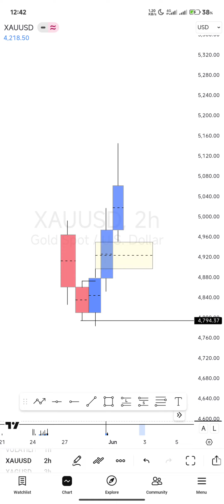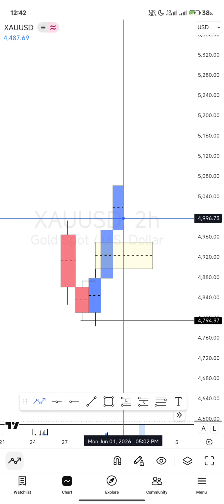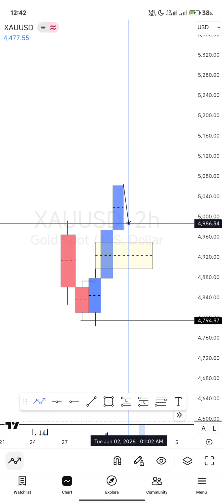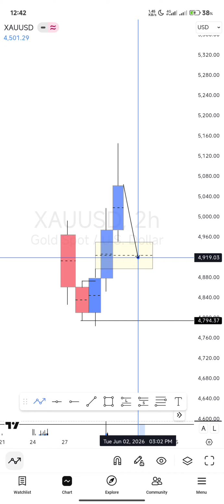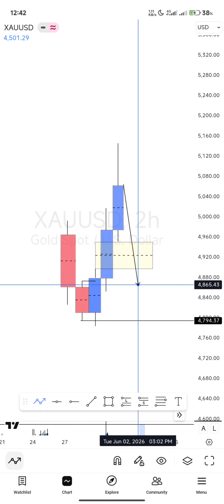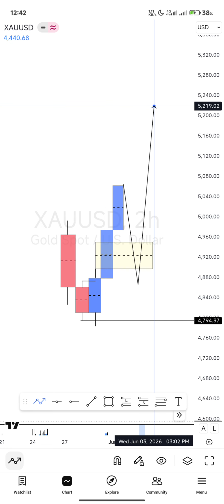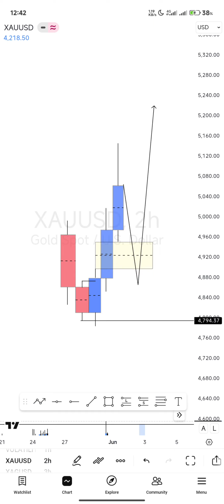When you have an order block like this, usually it's a good sign. Price could easily come back to this order block and then instantly react from it. This is a practical example of what an order block should look like.